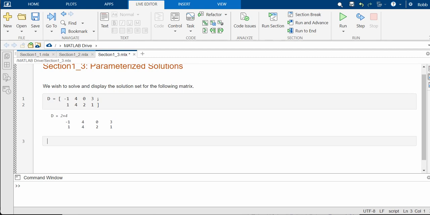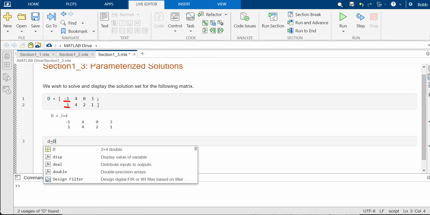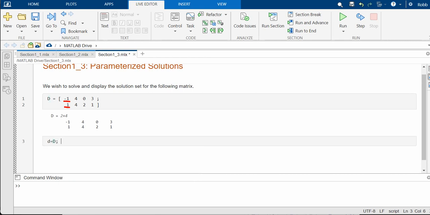Okay, so the first thing we need to do is we have a 1 in this pivot position, or a -1. So we need to get a 0 below it, all right? And how are we going to do that? Well, the first thing I'm going to do is little d equals capital D, right? So I'll leave the matrix capital D unchanged by working with the lowercase d matrix.